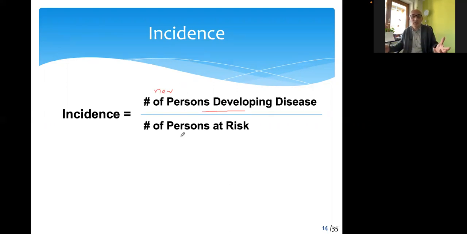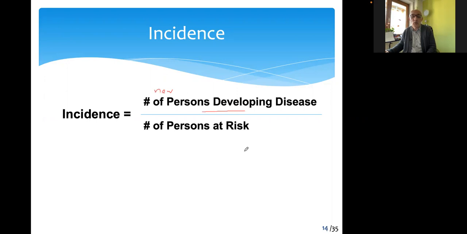So if we are talking about diabetes, the incidence of diabetes within 1 year means, in our community, what is the percentage of people developing diabetes within the last 1 year?